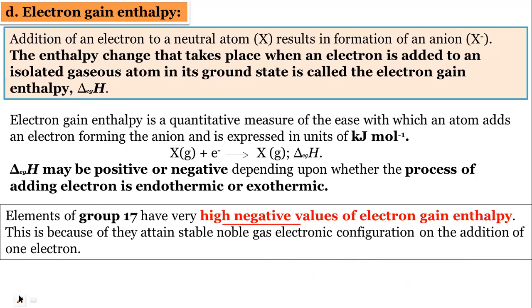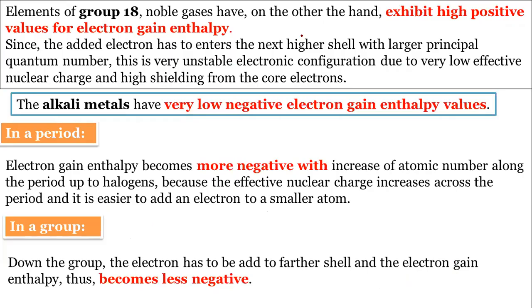Now, anyone can tell me what will happen to the group 18 elements? In group 18, the outermost shell is already completed. So what will happen to the electron gain enthalpy values? Only group 18 elements in the periodic table have positive electron gain enthalpy values, remember, because the outermost shell is already completed. A newly added electron will enter a higher shell.